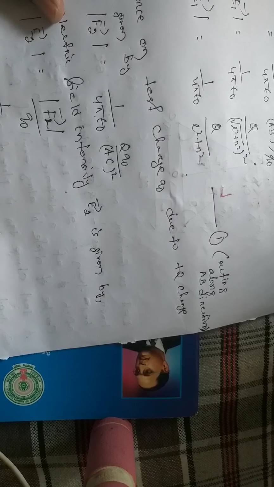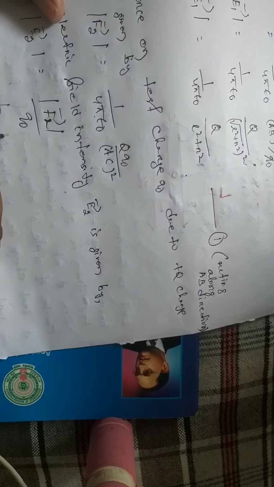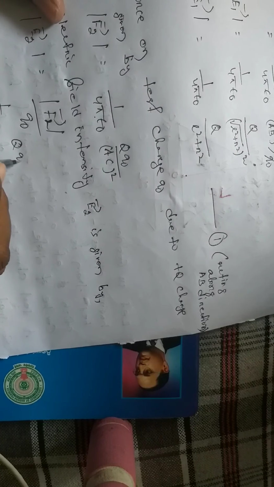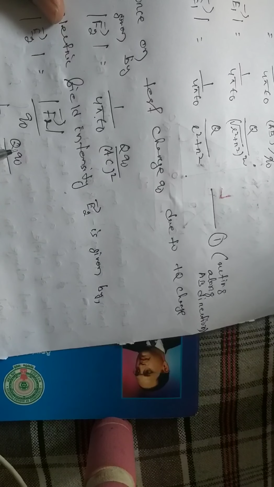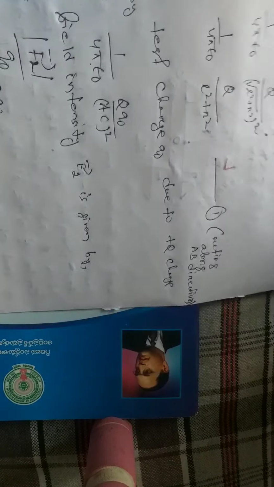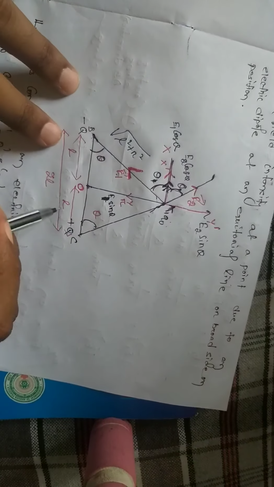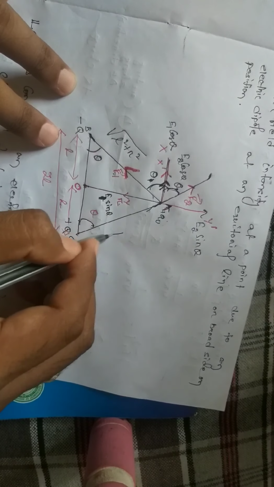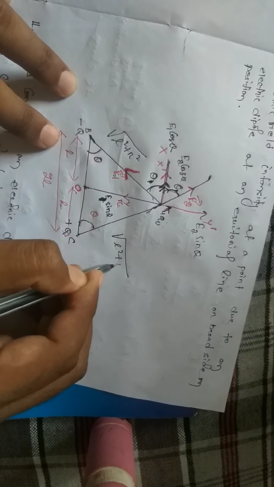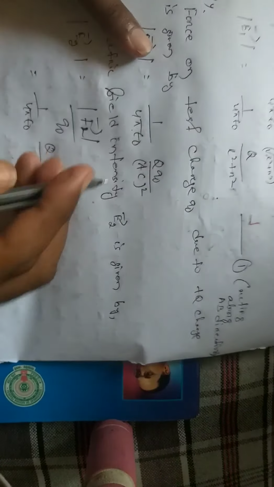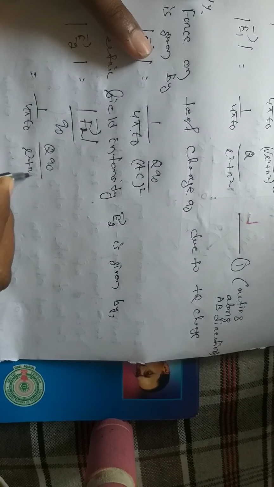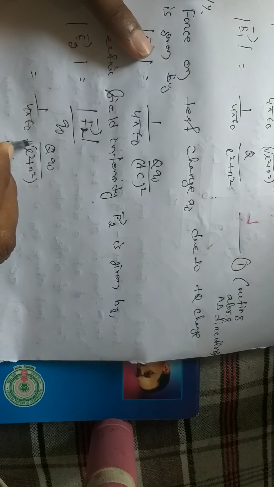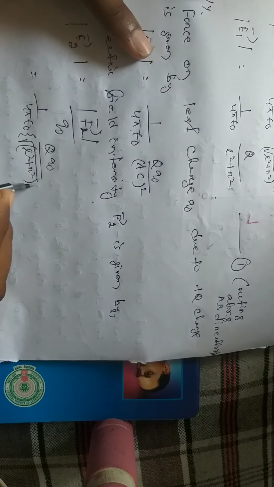That implies 1 by 4 pi epsilon naught, q naught by AC square. AC is also the hypotenuse, with sides L and R. So according to Pythagoras theorem, it can be represented as square root of L square plus R square, whole square.